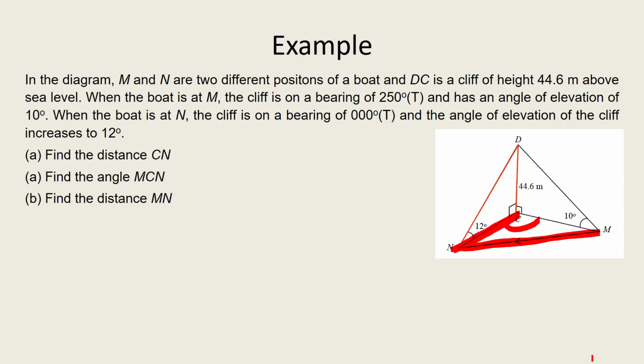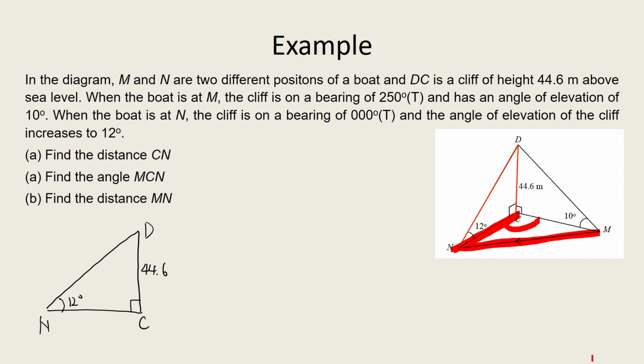We'll start by looking at the triangle NCD. Let me draw the triangle NCD over here. The good news is that this is a right angle triangle. The question tells you the height of the cliff is 44.6 meters. The angle of elevation at point N is 12 degrees. Do you need to use sine rule or cosine rule?